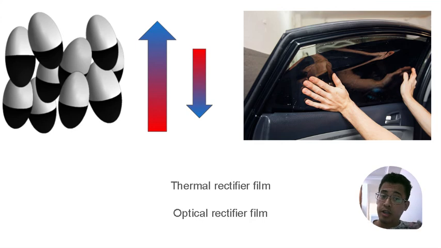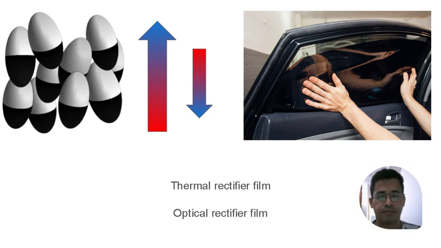The idea is to propose that with this non-symmetrical conductivity along the polar direction, I can use these materials to create thermal rectifier films to place, for example, in car windows, car glasses, or house glasses.